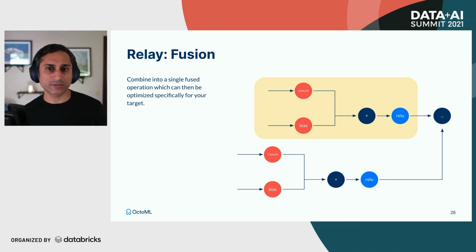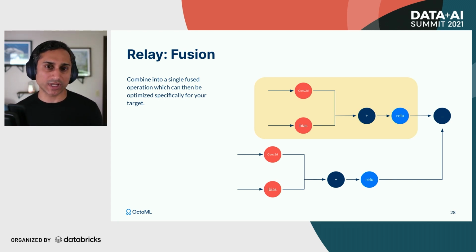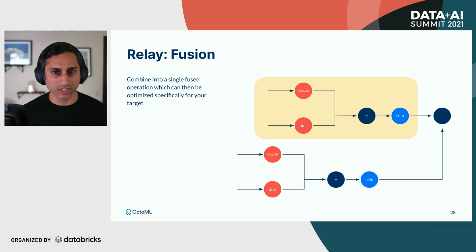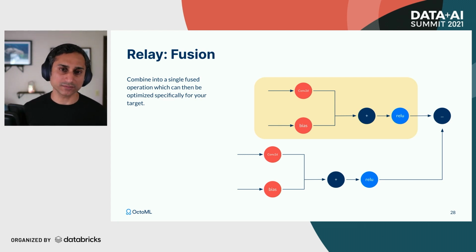In many previous frameworks, you had to rely on a fused implementation having been written for your platform. But in TVM, since we holistically represent the entire program, including each and every kernel, like convolution 2D, addition, the activation function, we can take the implementations of each of these kernels at the lower level, at the TIR level, and combine the implementations in TIR to produce an implementation that's optimized for the input shapes and your target device.